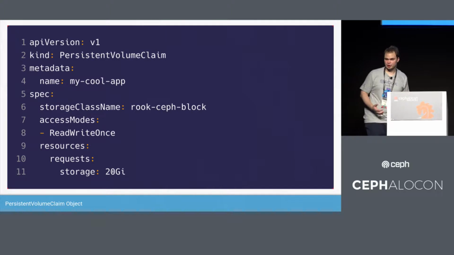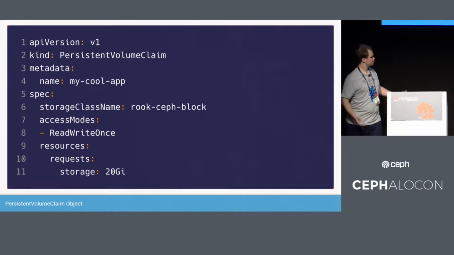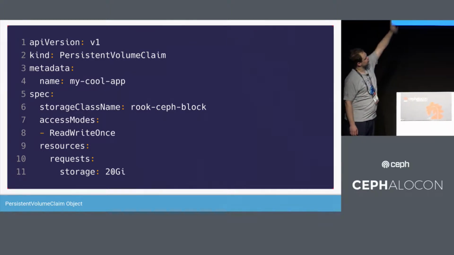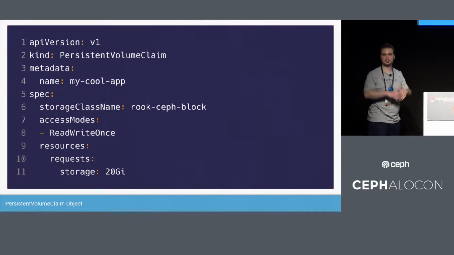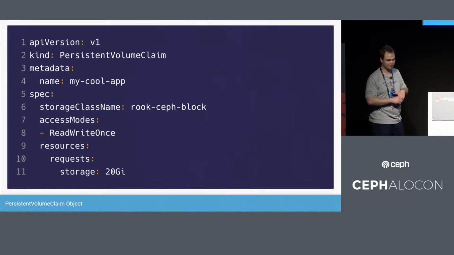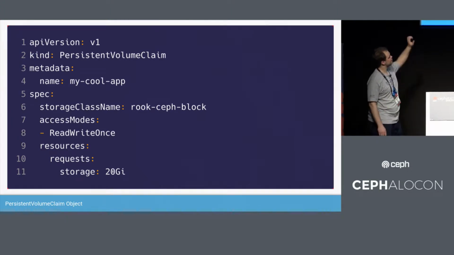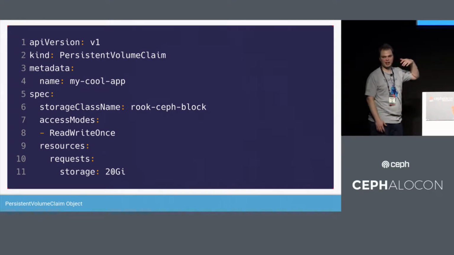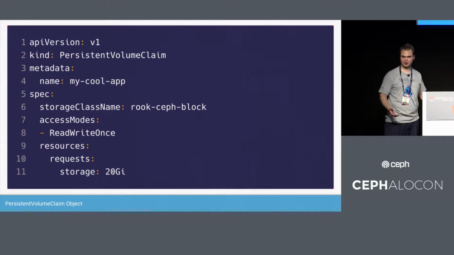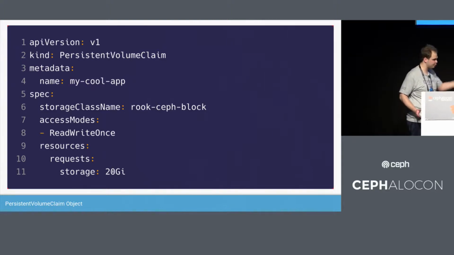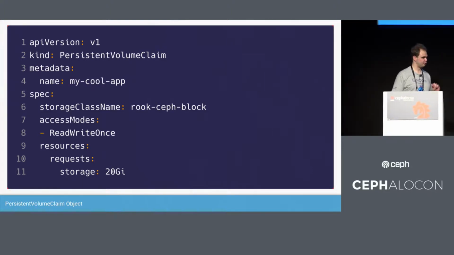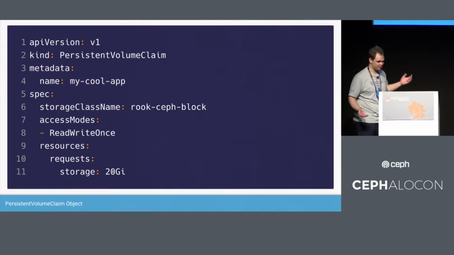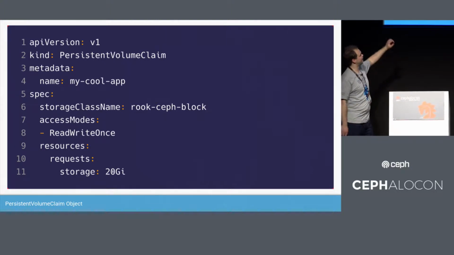Because if I'm a user, in the end, I'm creating a so-called persistent volume claim object. You see it here? We even tell it which storage class it should use. You can set them as default as a hint there, but in itself we set it here. We tell what access modes we want. That is important, as block storage, mounting it at multiple locations read-write is, well, we have CephFS, am I right?